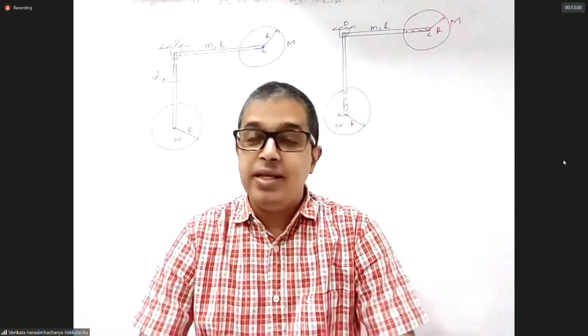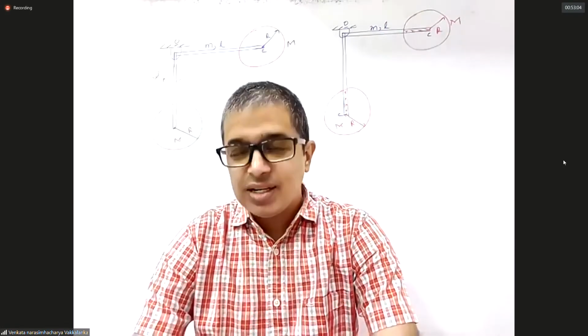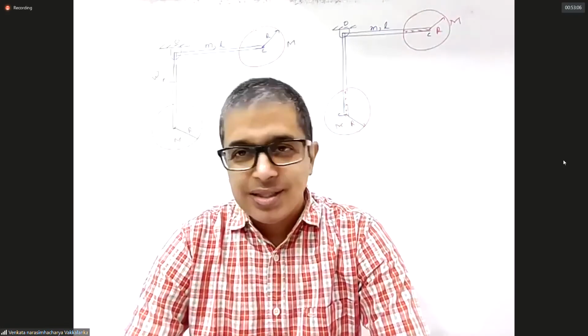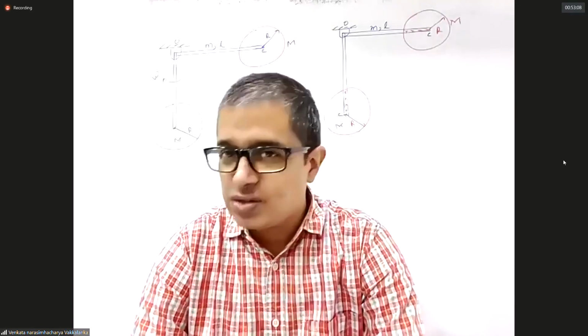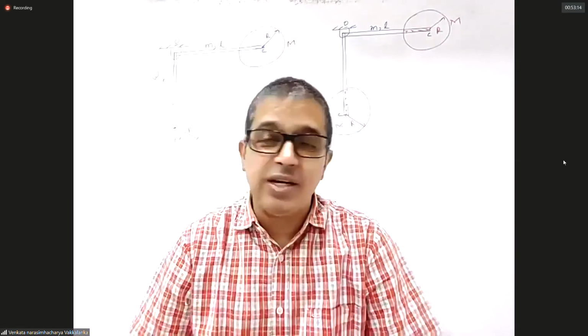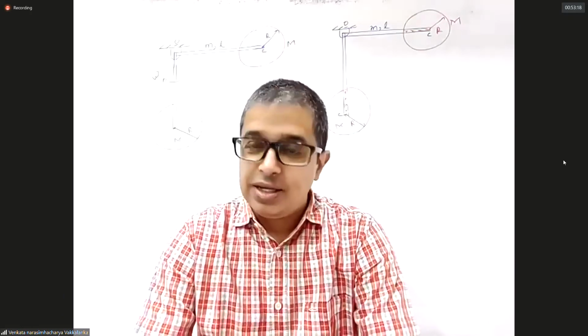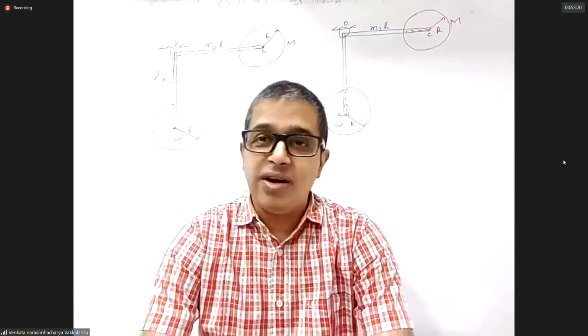Look carefully. Firstly, in the first case, the hinge is at the center of the disc, right? Do I have any torque about the center of the disc? No, sir. Torque is 0, alpha is 0.